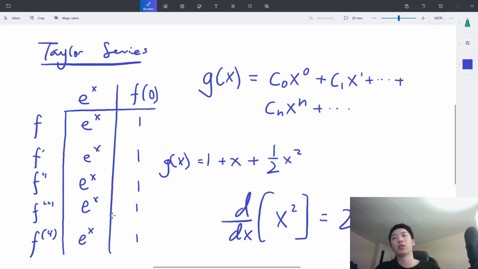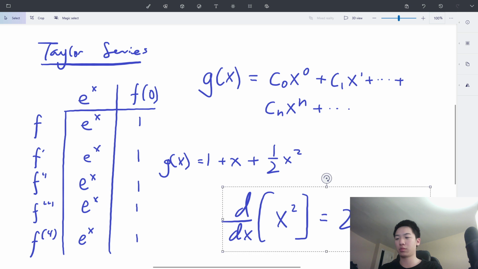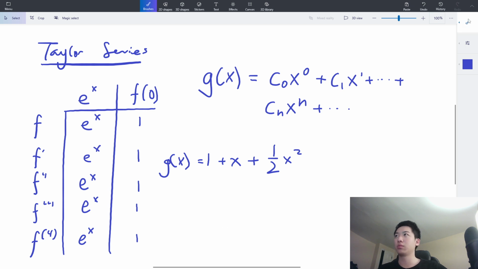Now for the third order term, the third order derivative of x.